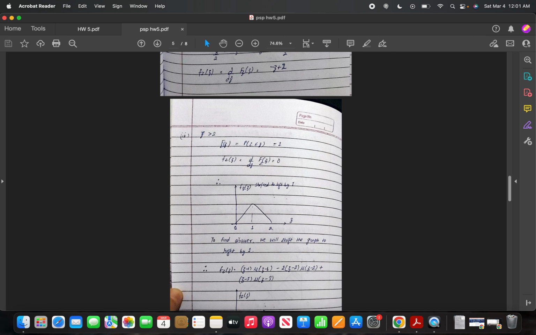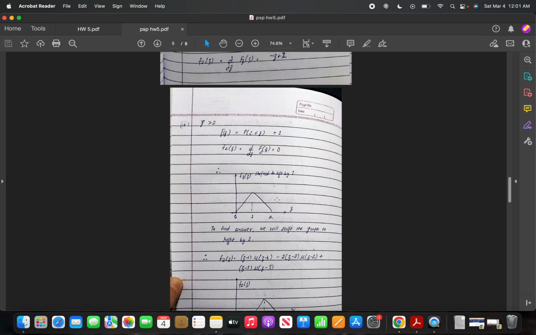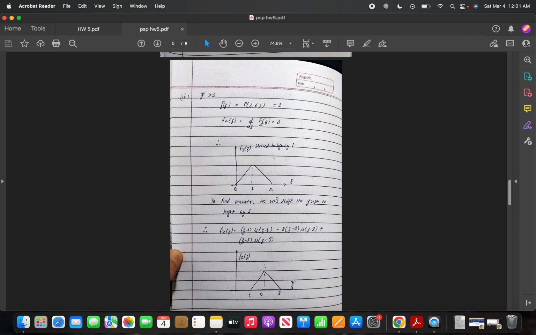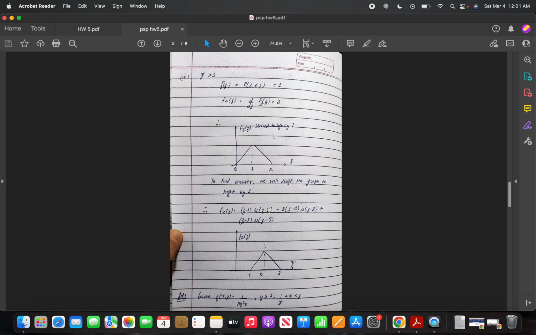So again we get the same graph as result, which is actually shifted to left by 1. So to get the final answer, we'll shift the graph to right by 1. So this is the final graph that we get.